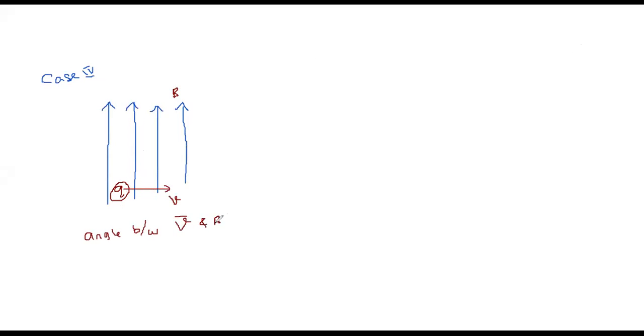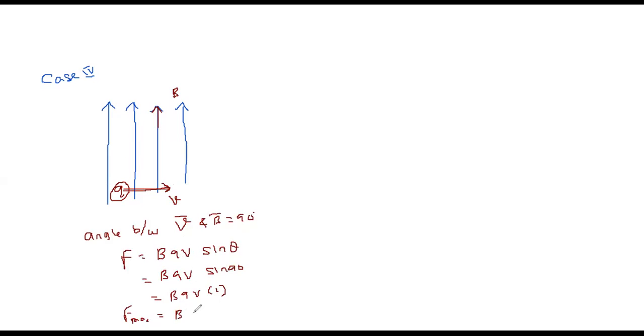The magnetic field acts upward, the velocity acts in this direction, so the angle between them is 90 degrees. Then F equals BQV sin theta, so BQV sin 90. Sin 90 is 1, so F equals BQV. This is the maximum force, F max. Any charged particle entering a magnetic field exactly perpendicular experiences maximum force.